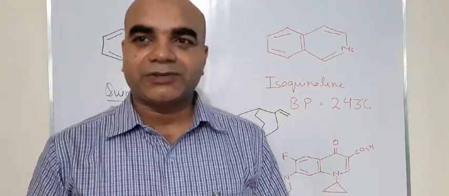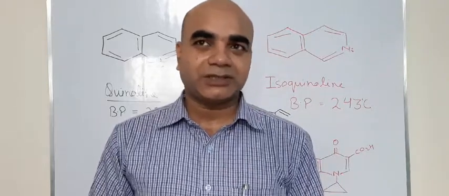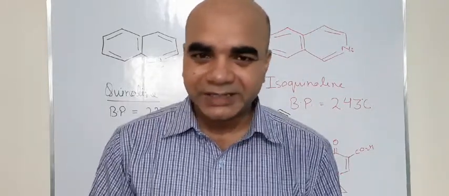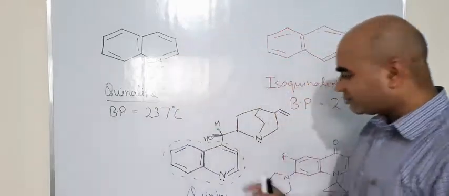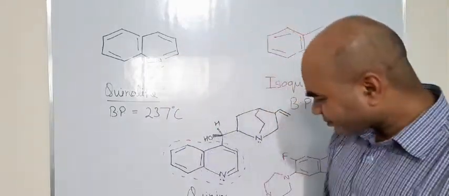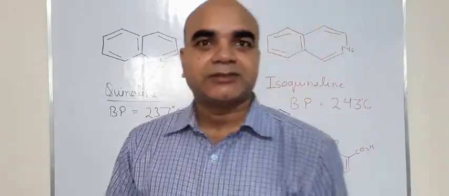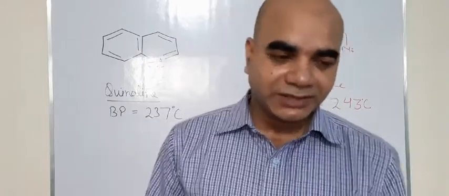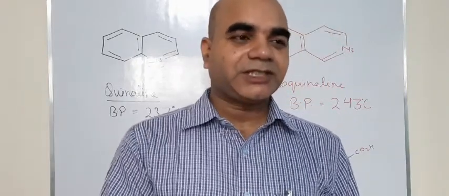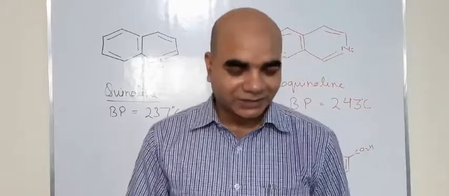Just 100 years back, this was the only medicine for malaria, a natural medicine. Still, quinine is a very important frontline medicine for malaria, and for the malaria which is resistant to quinine, we have some other molecules.